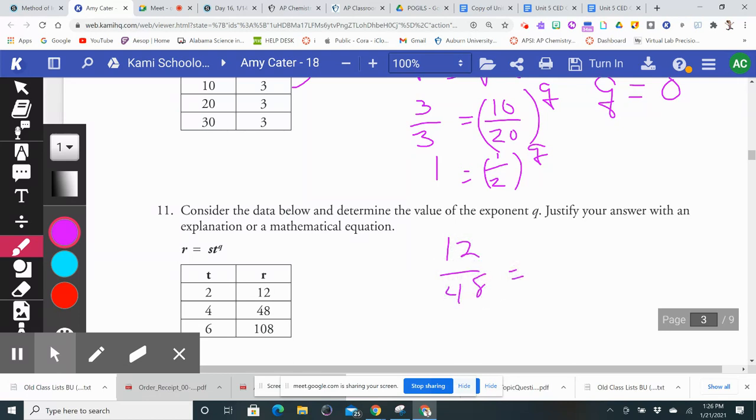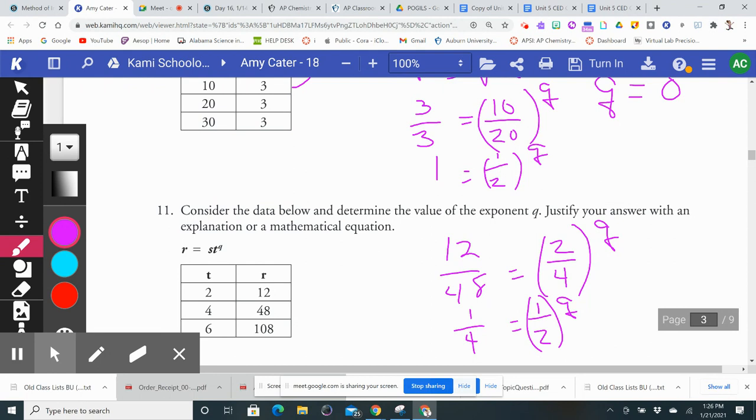I don't know if you're supposed to keep the S. The S cancels out, so you don't need it. Okay, so 12 over 48, that reduces down to what, 1 over 4? And this reduces to 1/2 to the Q power.